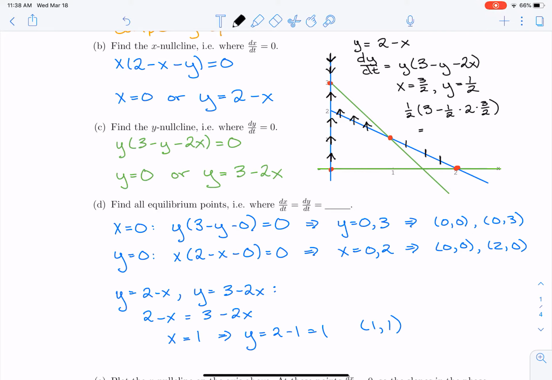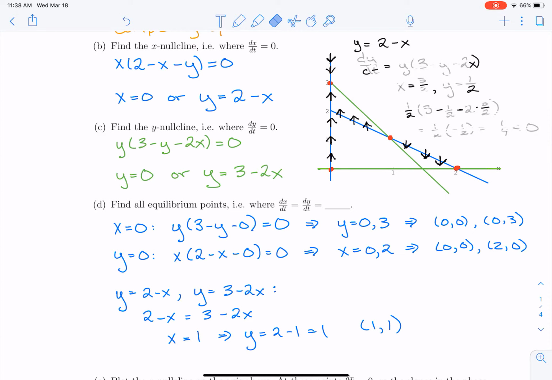That's going to equal 1/2 times, if I subtract 1/2 and then also subtract 3, I'm going to get negative 1/2. That's going to give me a negative 1/4, which is negative. So that's going to tell me that points to the right of that equilibrium point are going to point downward. And that gives us the directions for the x nullcline.